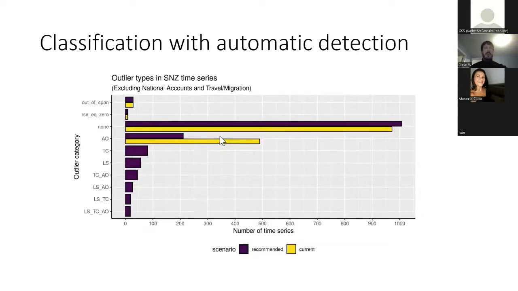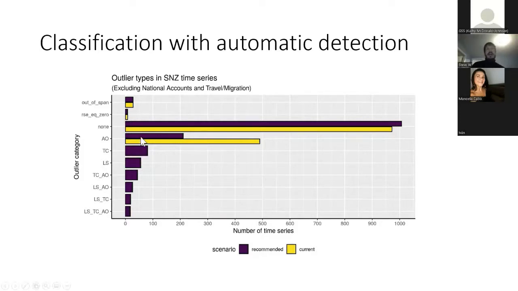The yellow bar is what we had been doing, so we've only been implementing additive outliers or nothing. And then the purple bars are the result of running the algorithm on our 2000 series. Each number on the x-axis is a time series. Everything from TC downward would be preliminarily categorized as complex.